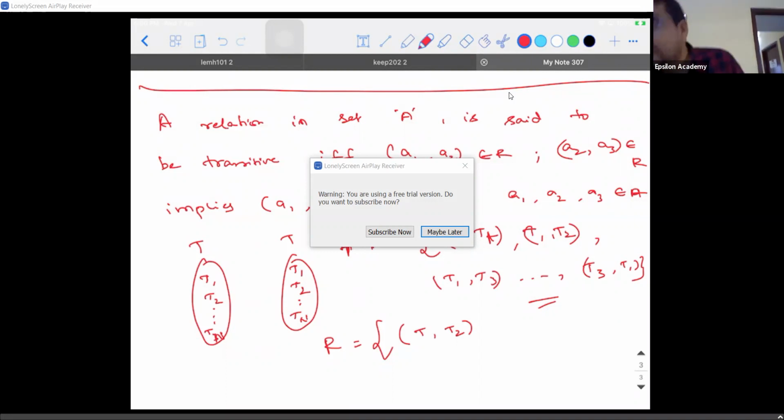I'm trying to say T1 and T2 are congruent. I have no information about them, but I'm directly concluding. If this ordered pair is true, satisfying the relation, I am also writing T2, T3. So T1, T2 and T2, T3, I am blindly saying they are congruent.